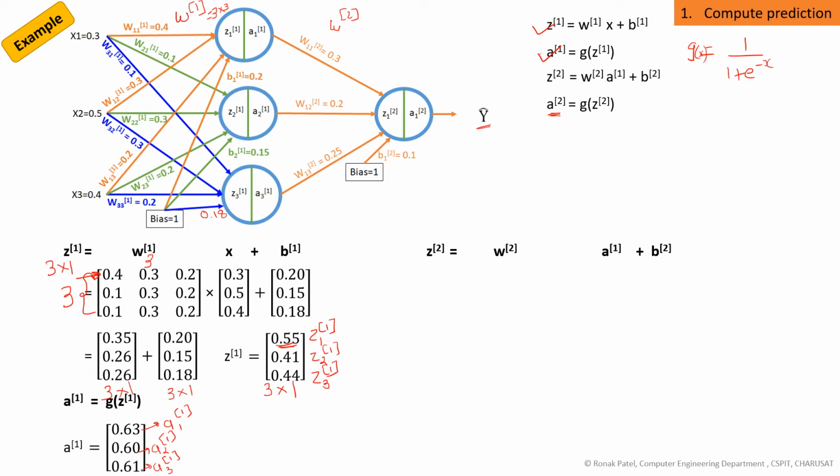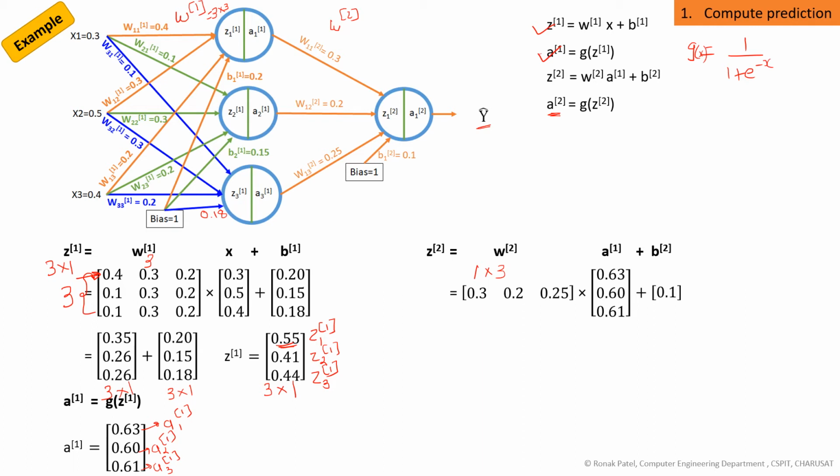Okay. Now W2 into A1 plus B2. What is the value of W2? The value of W2 is like this: 0.3, 0.2 and 0.25. Why only one row, with size 1 cross 3? Because W2 is the stacking of weights going to all the neurons at layer 2.